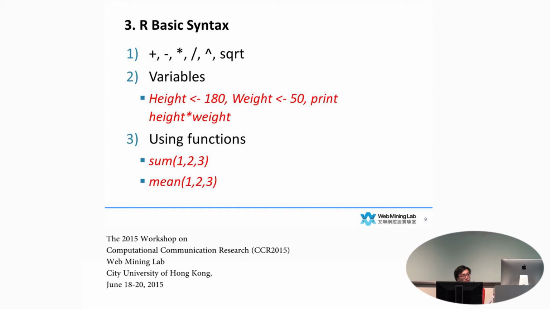Sometimes you may find you don't know how to use the function sum, but you just remember the name sum, so you can use the help function, and we type help sum, and then I will see this, and it tells how to use sum.